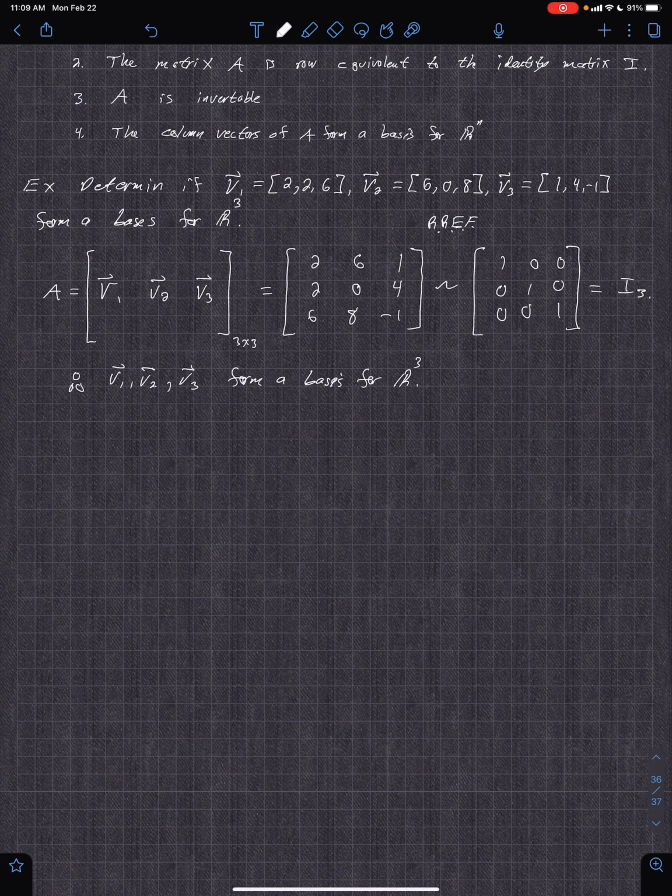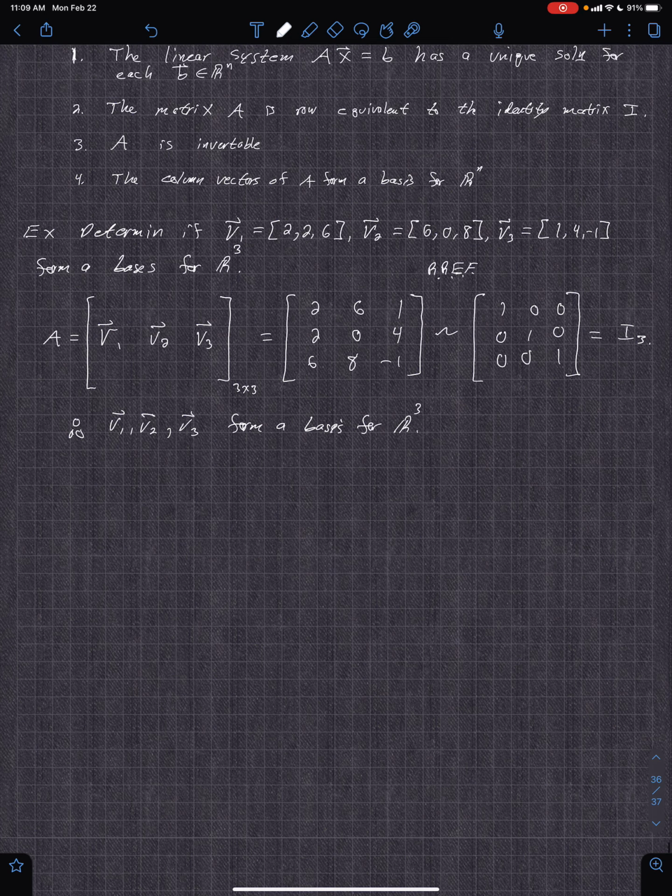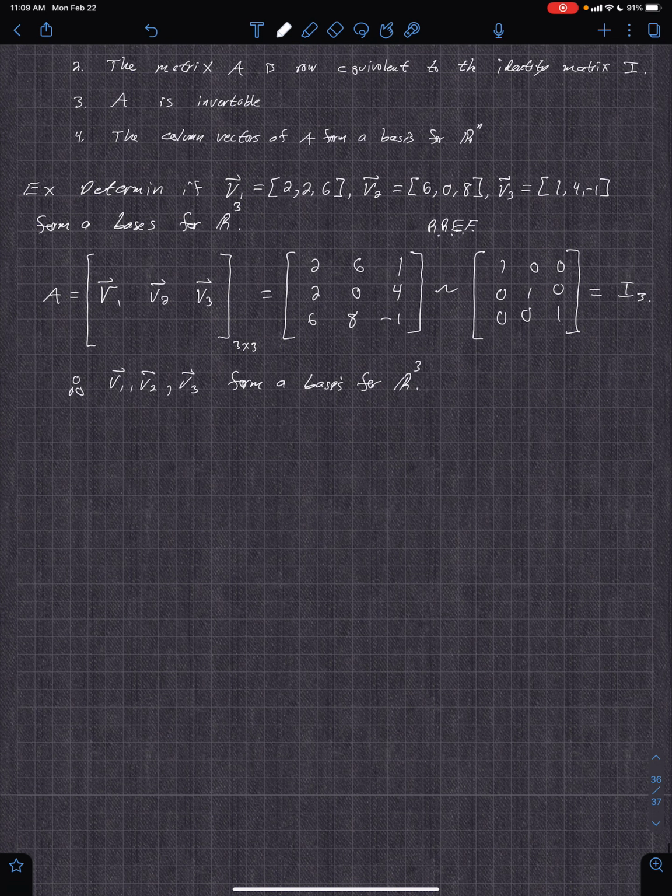So this is maybe an obvious question, but are V1, V2, and V3 your standard basis vectors? Well, of course they're not. These are your standard basis vectors, e1, e2, e3, or i, j, k written as column vectors.